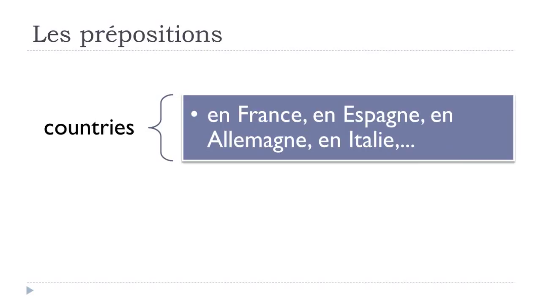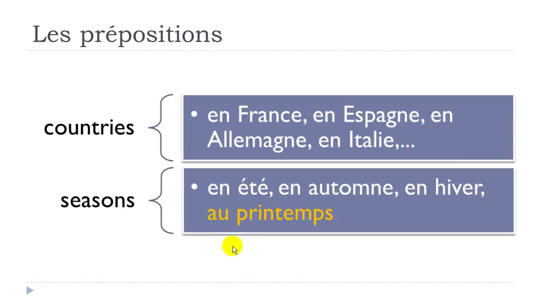And then when we're talking about the seasons, well, we've got 4 seasons, and as usual in French, we need to have one exception. But for the 3 others, it will be en. En été, so in summer, été is summer. Then en automne, autumn.